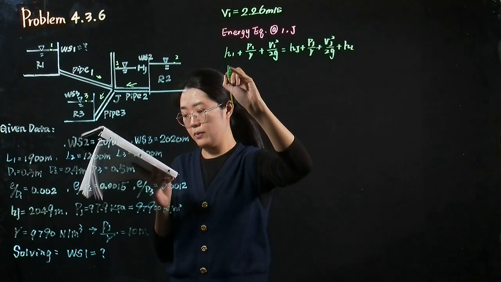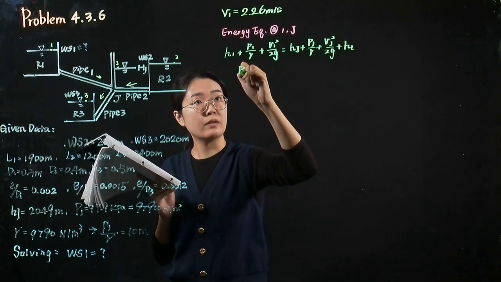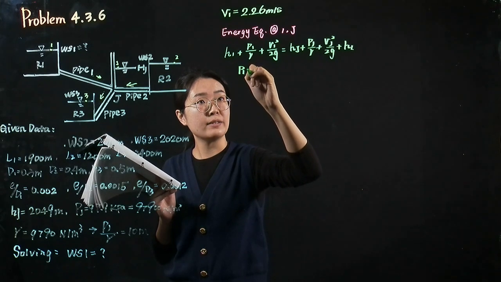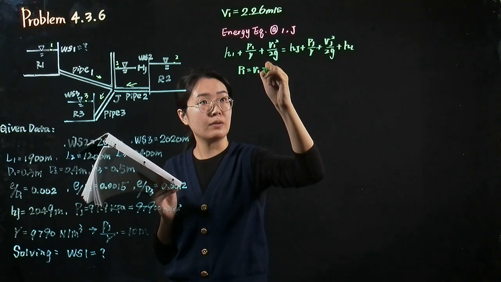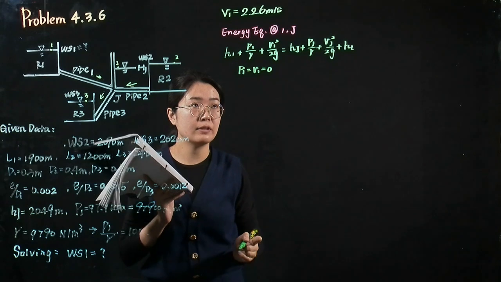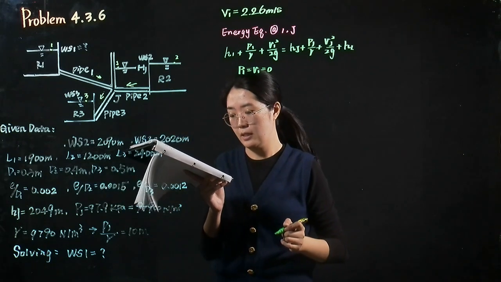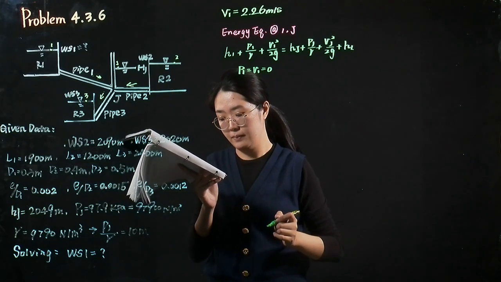H1 is our unknown, and because the point is at the free surface, the pressure and the velocity are equal to 0.